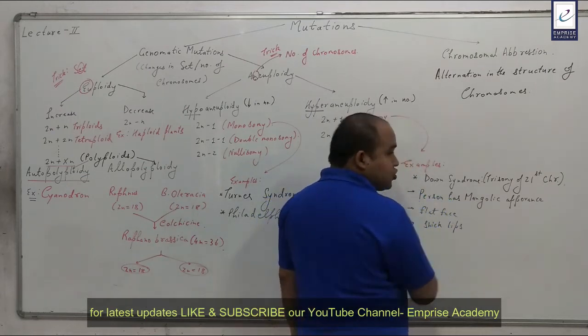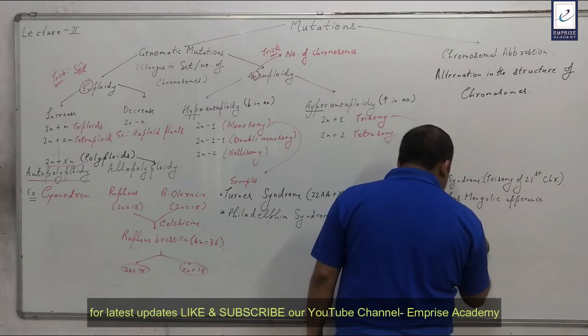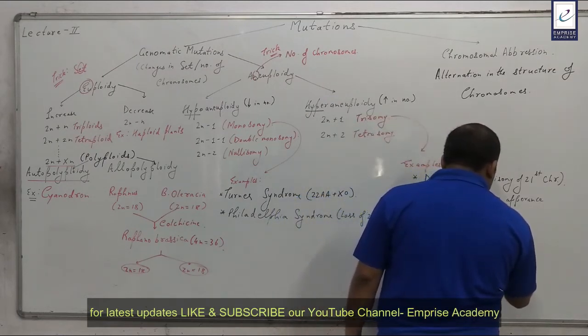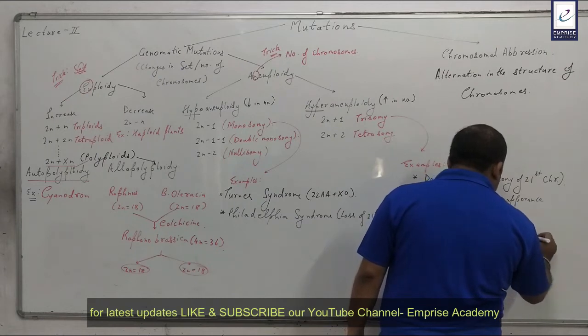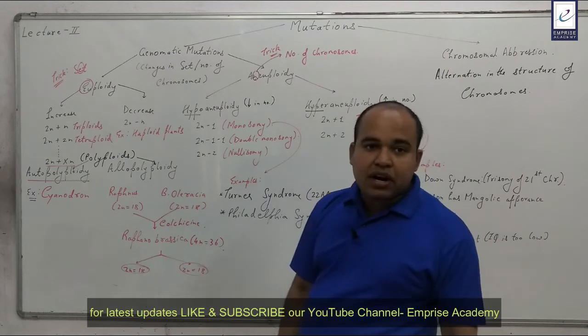The IQ level is quite low, so it is also referred to as Mongolic idiot. IQ is too low. The person suffers from cardiovascular disorders.